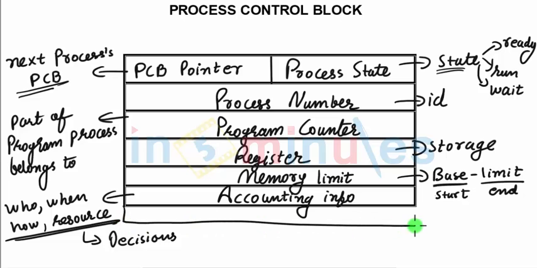Along with all this information, we do carry some other extra information like rights, date of creation, the owner, and other information. But overall, a PCB would consist of PCB pointer, process state, process number, program counter, register, memory limit, accounting info, and other needed info.